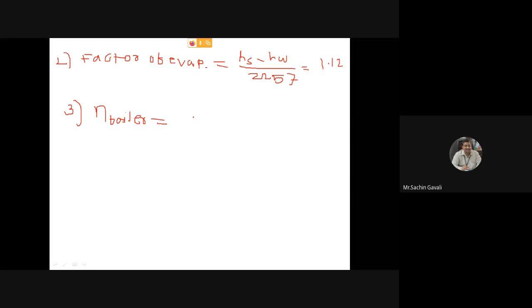Then Saurabh Pawar. Yes, sir. What is the formula? Eta boiler is equal to ME into (HS minus HW) divided by calorific value. ME, not MA. So all things you are knowing now. Eta is equal to 8 into HS... So boiler efficiency is coming as 0.96.